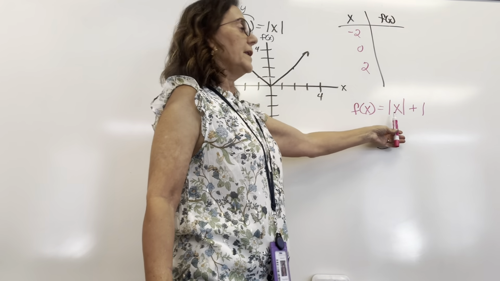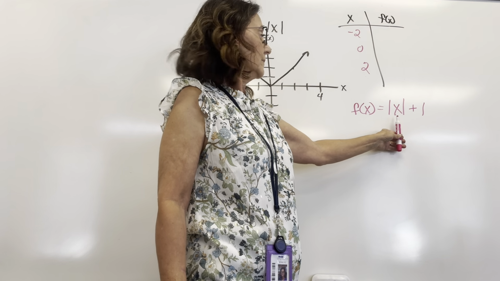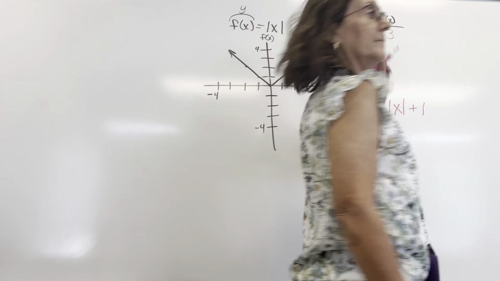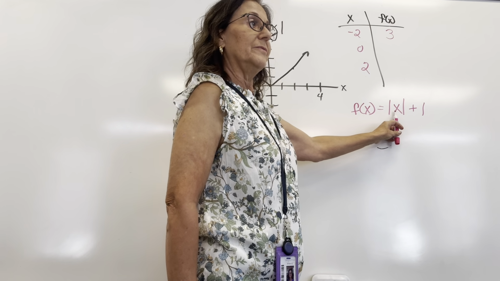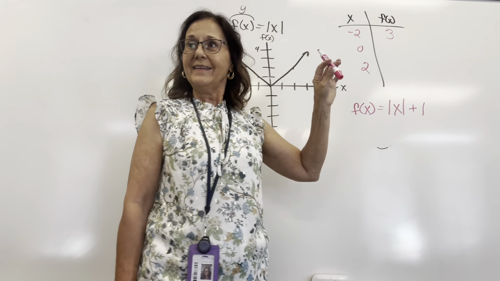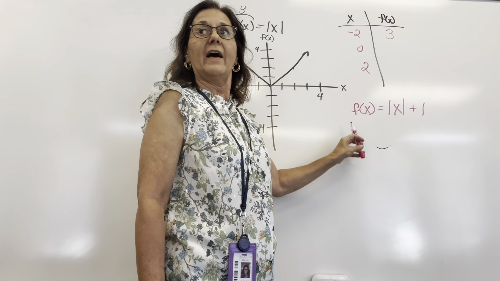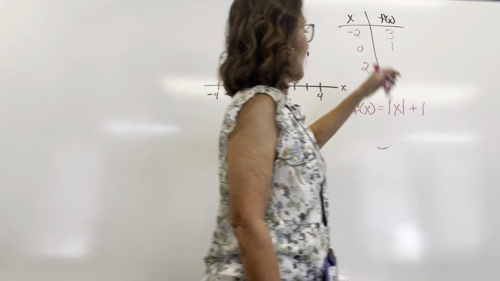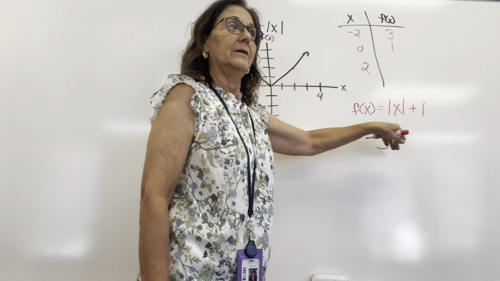When I substitute negative 2 here, what's the y value? 3. Everybody see that? The absolute value of negative 2 becomes 2. 2 plus 1 is 3. Got it? Now when I substitute 0 in here, what's the y value? 1. 0 plus 1, 1. When I substitute 2 here, it's 2 plus 1, 3.